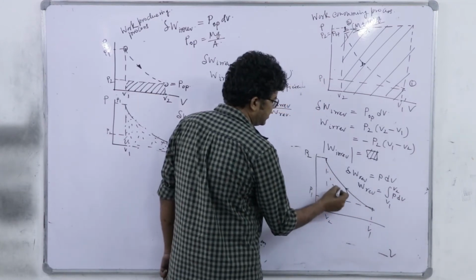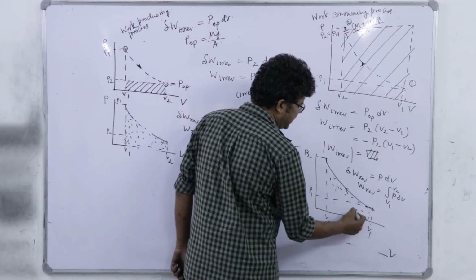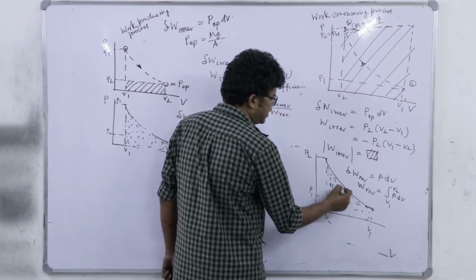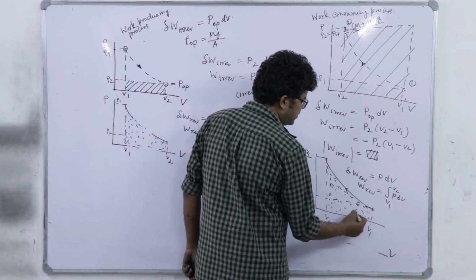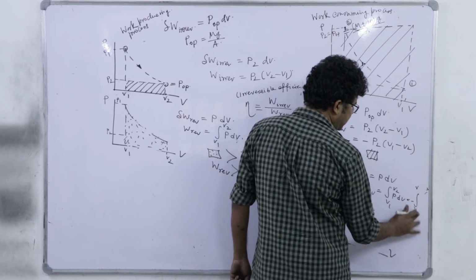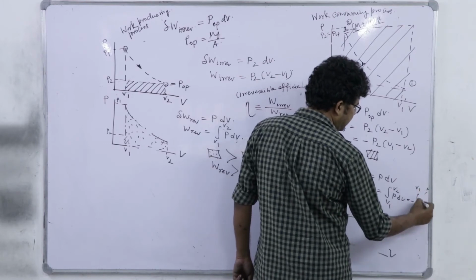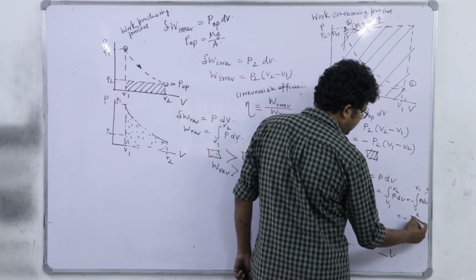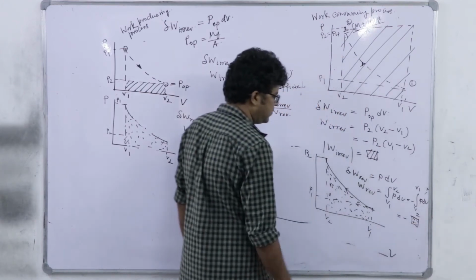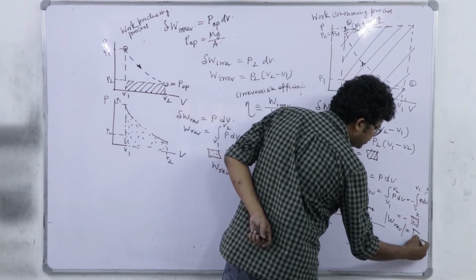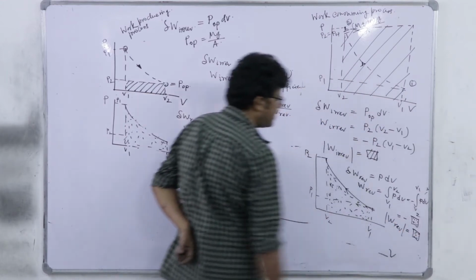So it will be the area under the curve with a negative sign, because we can change the limits to minus of the integral from V2 to V1 of PdV. So it is minus of this dotted area, right? So mod of W reversible equal to this dotted area.